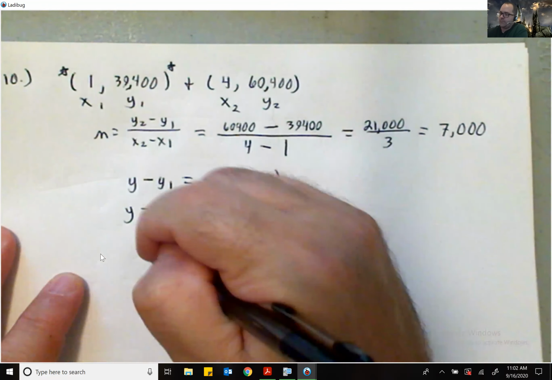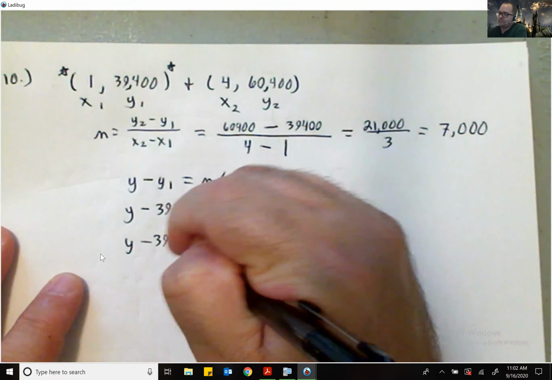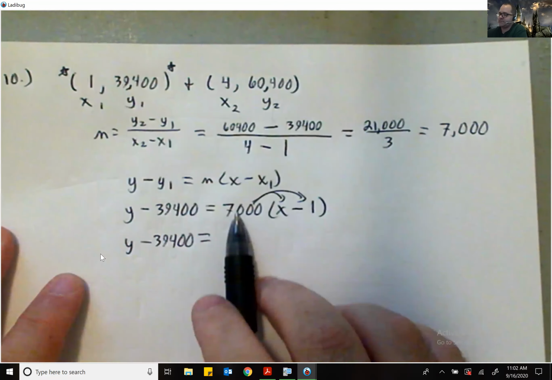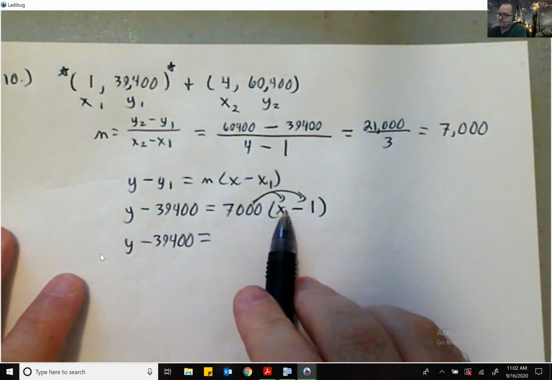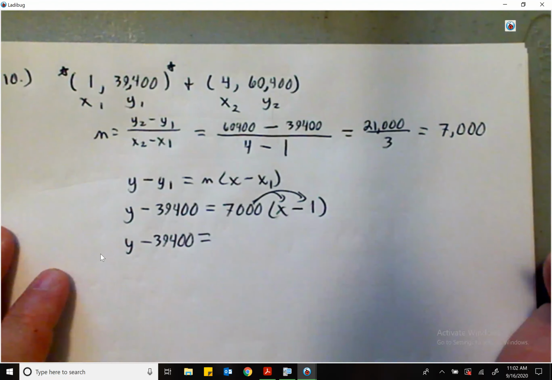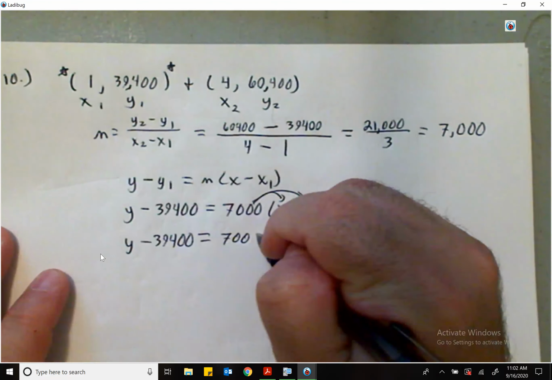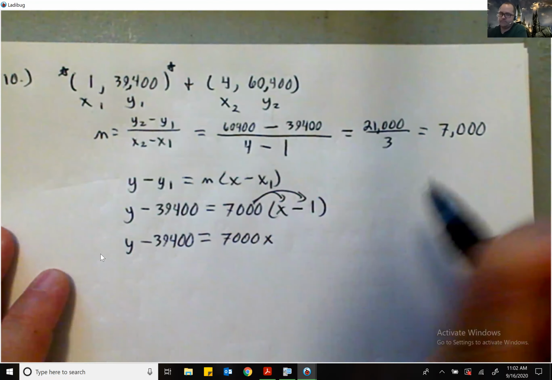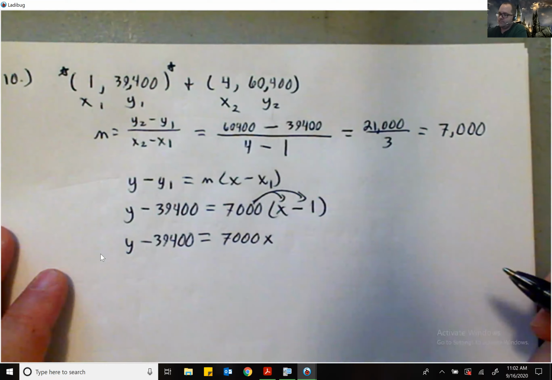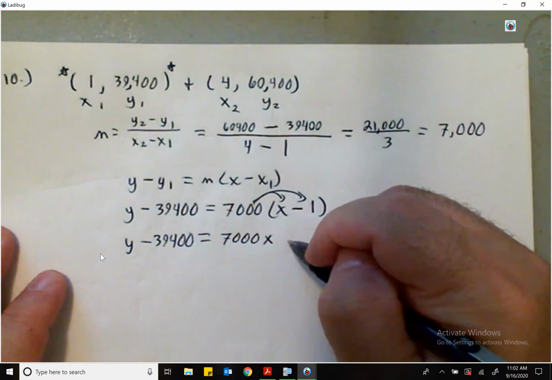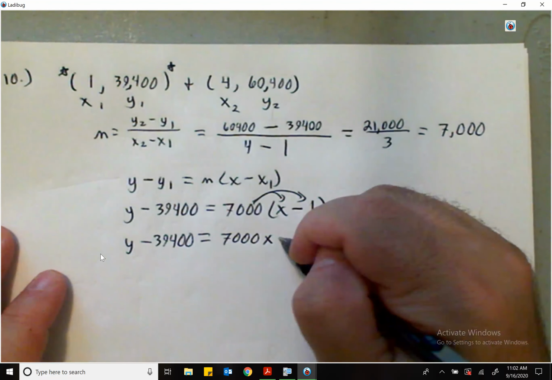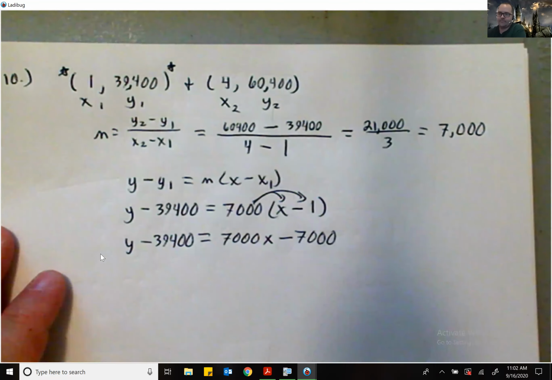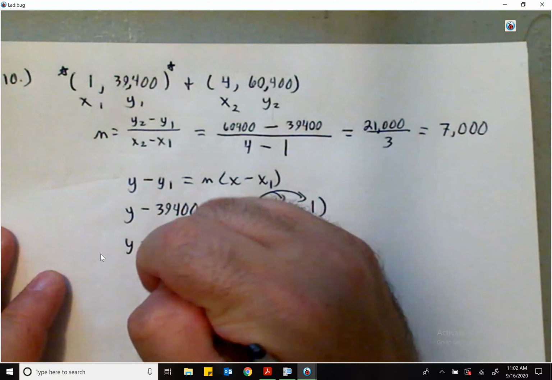So we got y minus 39,400. What's 7,000 times x? 7,000x. Yay. What's 7,000 times negative 1? Negative 7,000. Okay. And what's our last step? You add 39,400 on both sides.